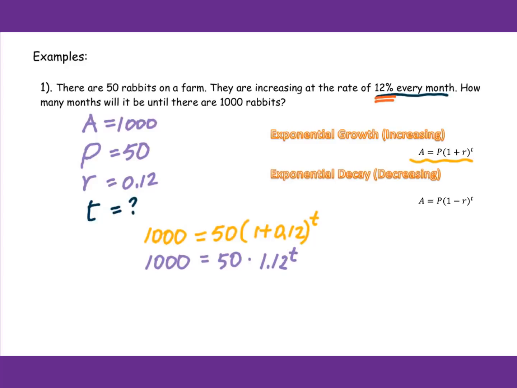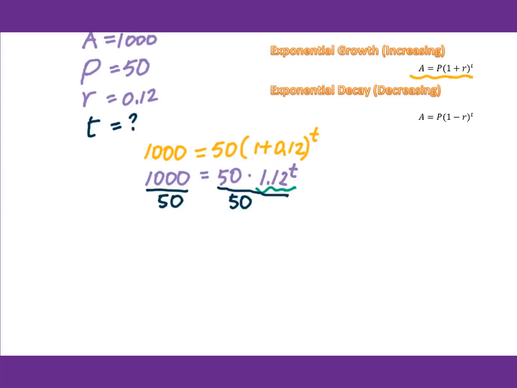Then we know this is an exponential equation. Isolate the exponential form on one side. Therefore, we divide by 50 on both sides. So we got 20 equals 1.12 to the t. Then we take log base 1.12 of both sides.